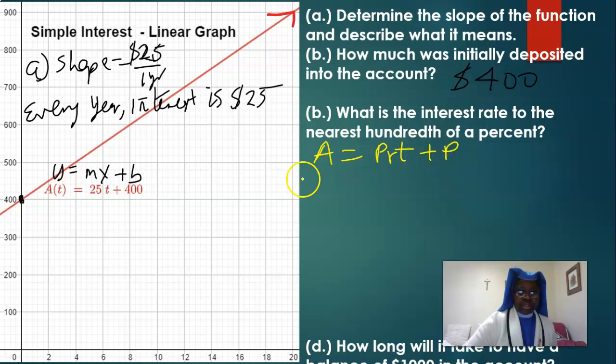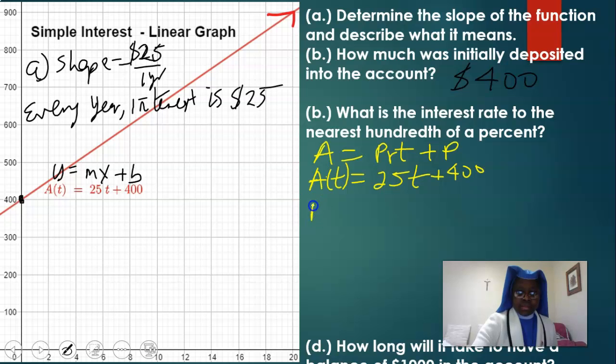They have the A of t, which is the same thing as the total final amount, equals 25t plus 400. So if we match these two equations, we can see the final amount. The interest function PRT is the same thing as 25t because the principal is 400.